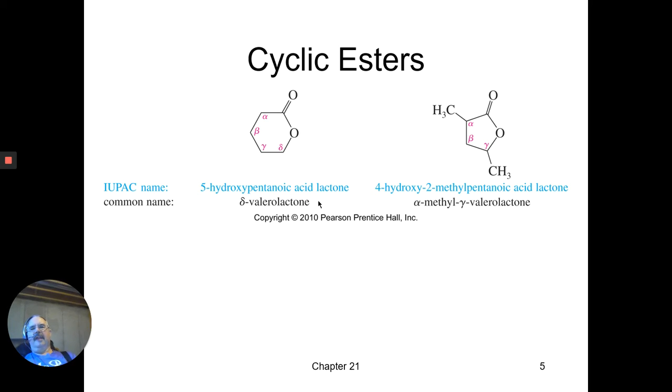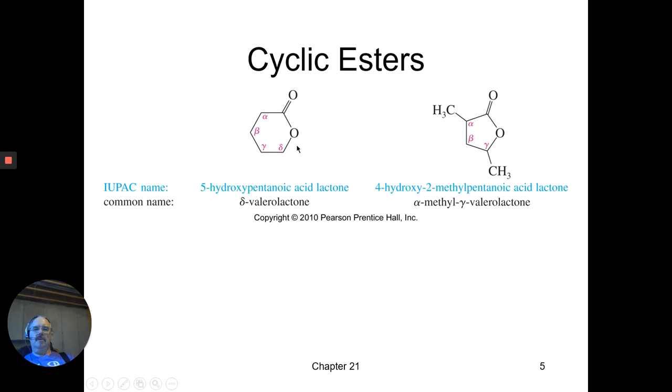Cyclic esters are called lactones. And again, there's a common and an IUPAC way of naming these. This one is called delta-valerolactone. Valeric acid is pentanoic acid. And the delta comes from, if we start, this is the carboxylate, this is the alpha, beta, gamma, delta.